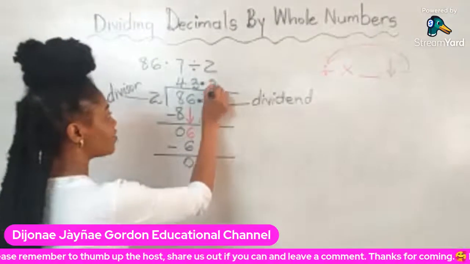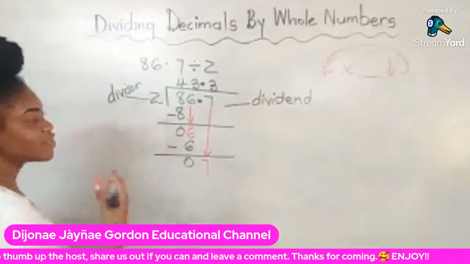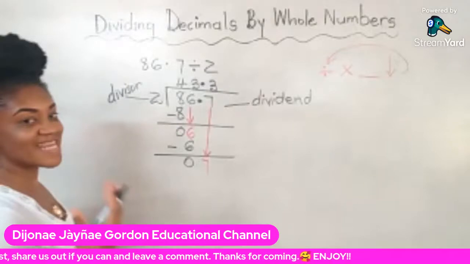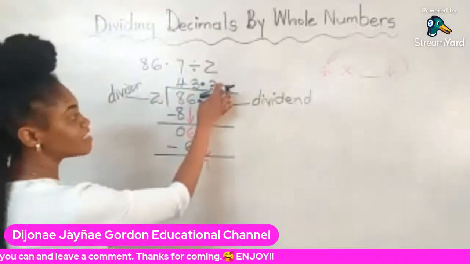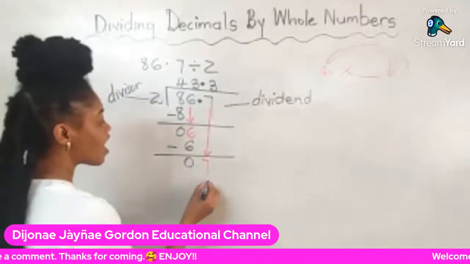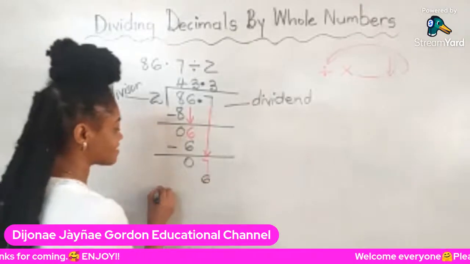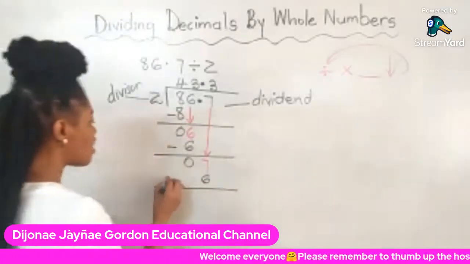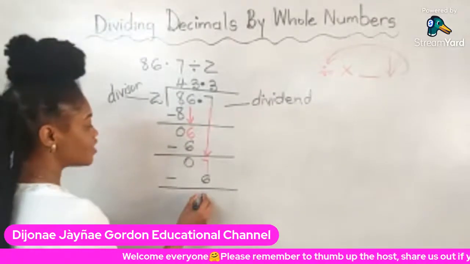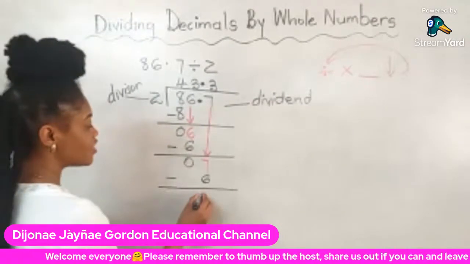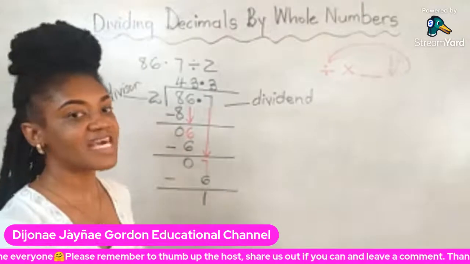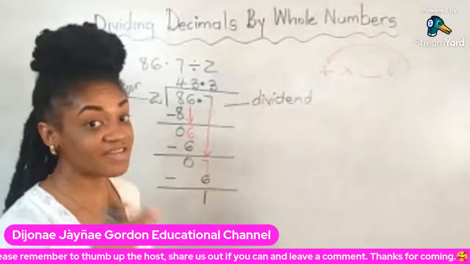Look where I'm putting my 3. So the next thing is to multiply. 2 multiplied by 3, of course, that is 6. Take away again, that's the next step. All right? And you have 1 left. Look at this now. This is how you would leave it in regular long division.